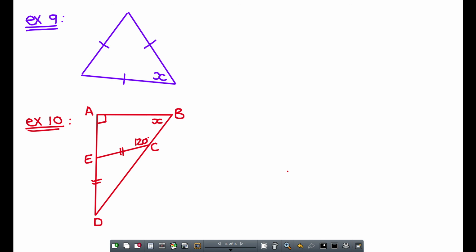Equilateral. In an equilateral triangle, my angles are equal and my sides are all equal. And how big did we say all of those angles would always be? 60. So you can skip directly to x is equal to 60 degrees.